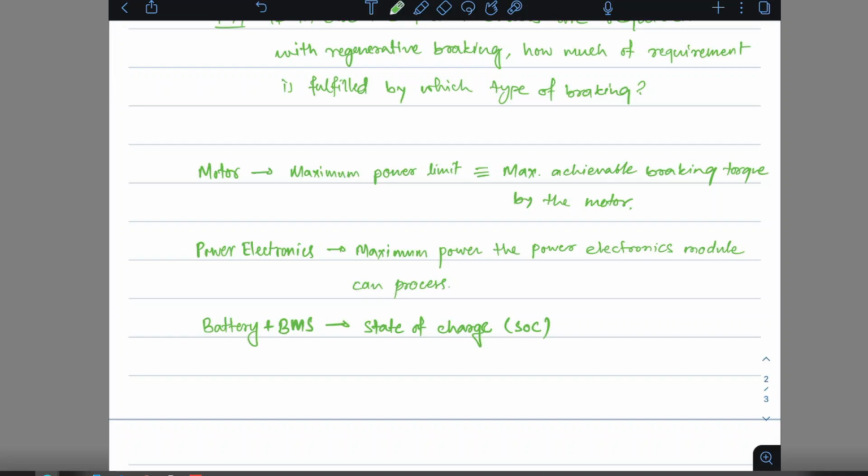It's slightly more complex, but indicative of the same. How much battery has charge and how much more can we charge. So, for example, if the SOC is 80%, then you can hold 20% more. You can charge the battery to the remaining capacity of 20%.